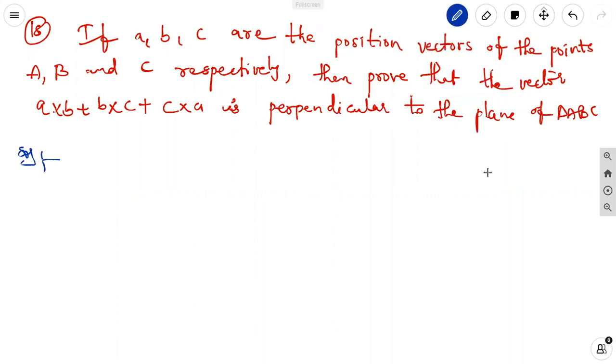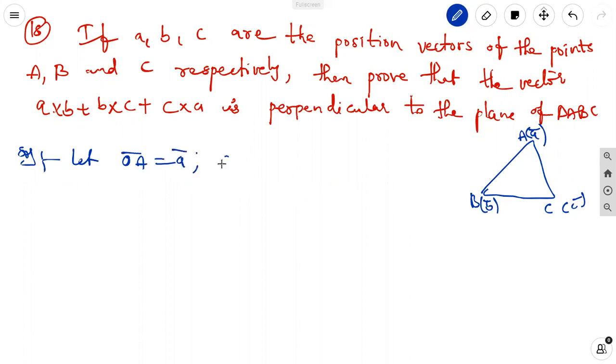Solution. Here we can take the triangle. A is the A vector, B is the B vector, C is the C vector. Here small a, b, c are the position vectors of the points capital A, capital B and capital C respectively. That is nothing but let OA vector equal to A vector, OB vector equal to B vector and OC vector equal to small c vector.